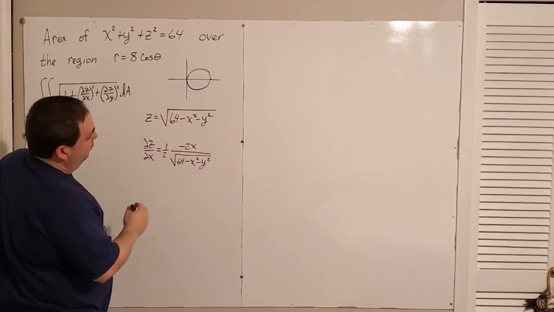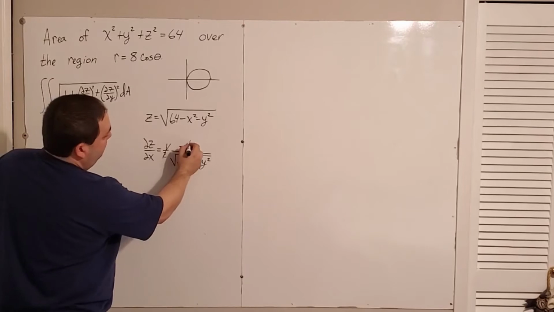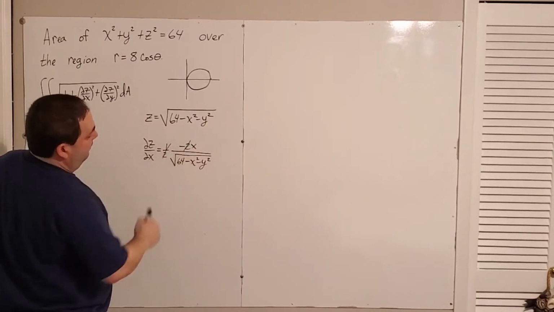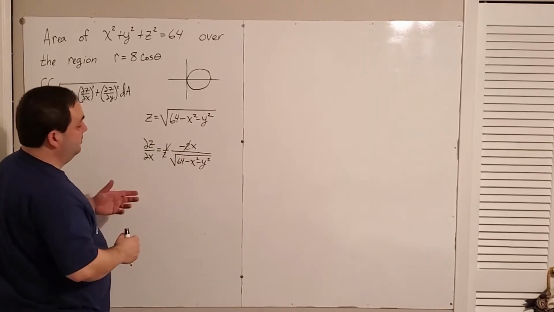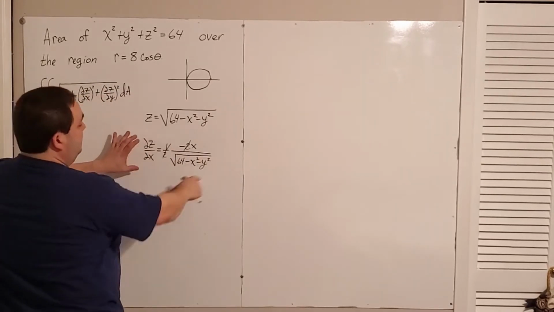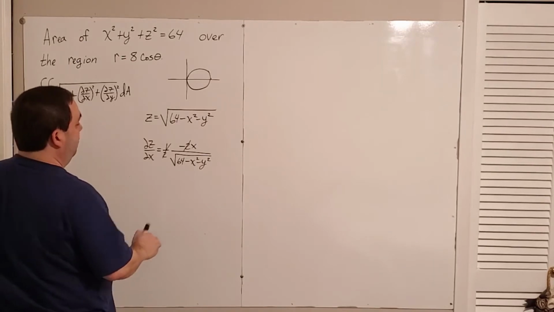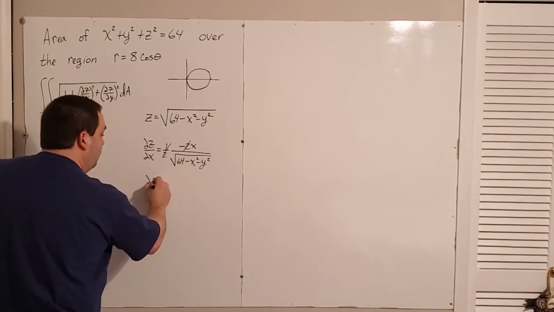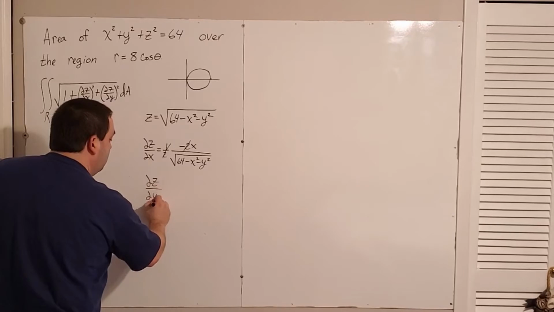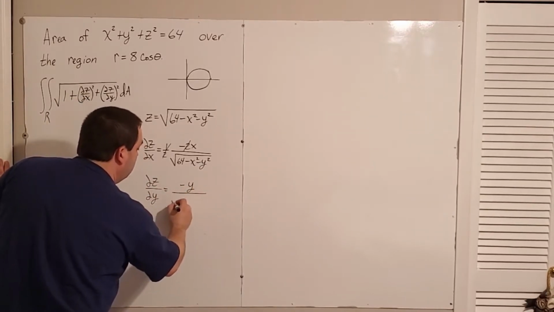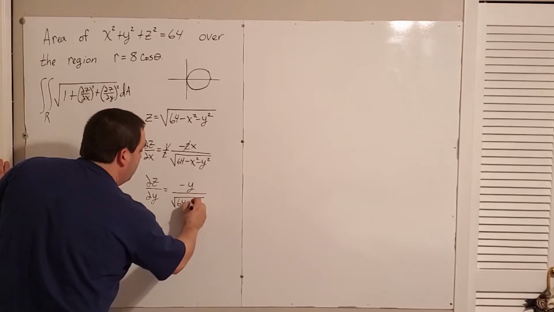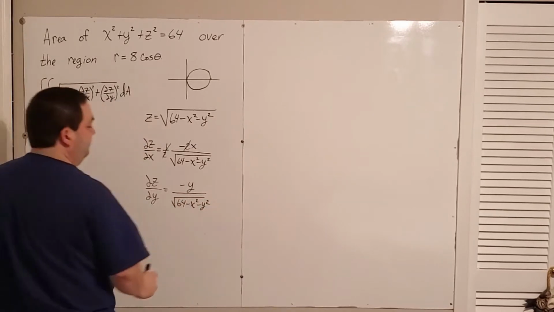Okay, and then reducing, of course, the 1/2 times the 2 is just going to give me negative x over the square root of 64 minus x squared minus y squared. And of course, the same idea can be thought up for the partial with respect to y. I'll get negative y over square root of 64 minus x squared minus y squared.